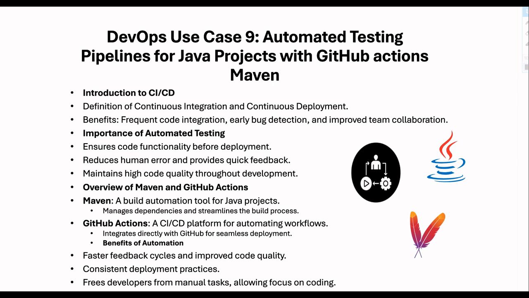Then we'll explore how Maven and GitHub Actions come together to automate your Java builds and tests, making your life as a developer simpler and more efficient. Finally, we'll talk about the real benefits of automation: faster feedback loops, fewer bugs, and more time to focus on the code that matters.